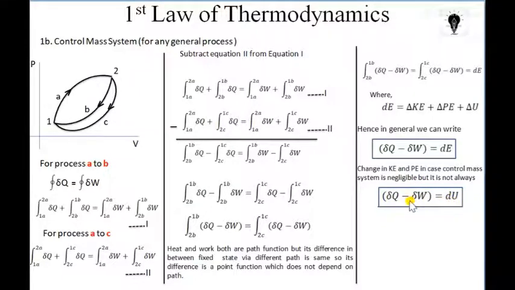Or in simple way, if I put del W on this side, it will become del Q is equal to dU plus del W.